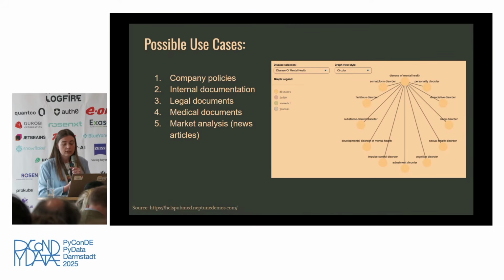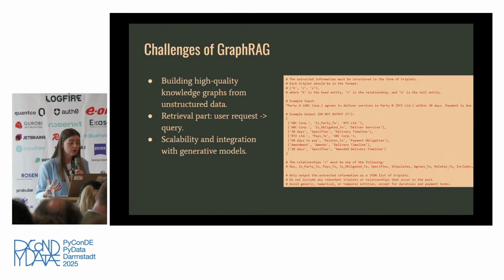Here you see an example, where they were trying to link together medical diseases and have some logic behind the diagnosis, or even market analysis. You can have a lot of articles about what's going on, which company acquires which company, and what the outcome is. So all this vast amount of unstructured data is good for doing graph construction.